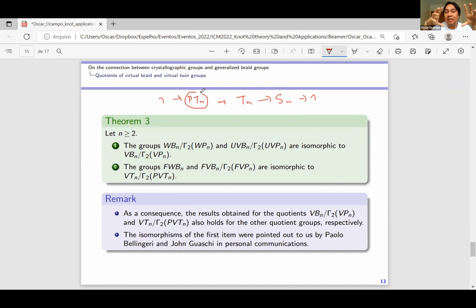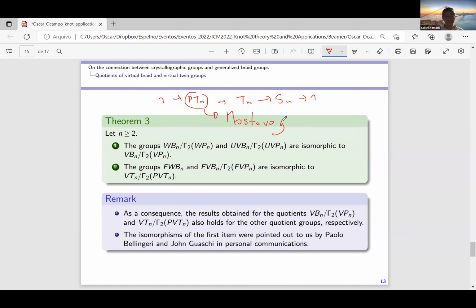And if I have a nice presentation for this group, it will be possible for us to start the analysis. There exists in the literature a presentation from Jacob Mostovoy, but this presentation of the pure twin group is very difficult for us to use to do the computations. It is not completely friendly for our purposes.